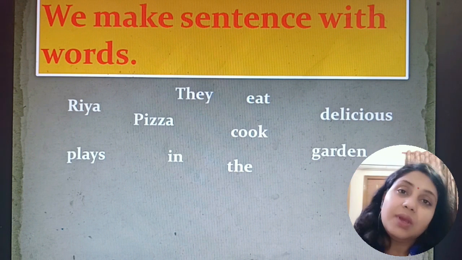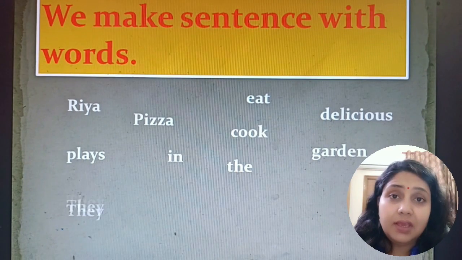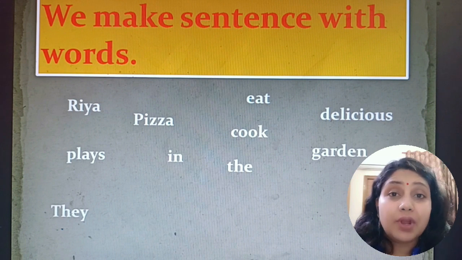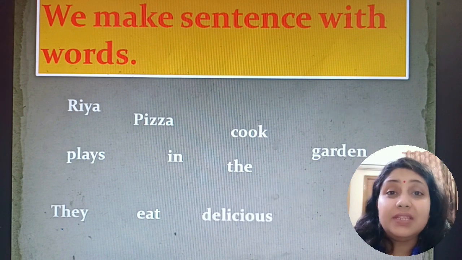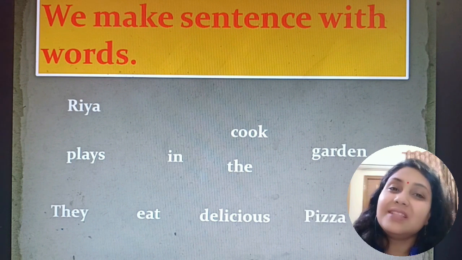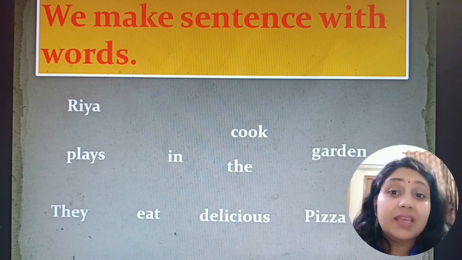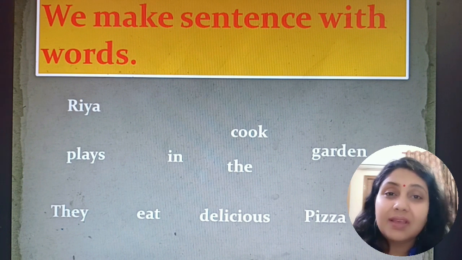It could be noun, pronoun, preposition, adjective, adverb, etc. Now I am going to choose they, which is pronoun. Eat, this is verb. Delicious, this is adjective. Pizza, this is noun. So I made a sentence, they eat delicious pizza.